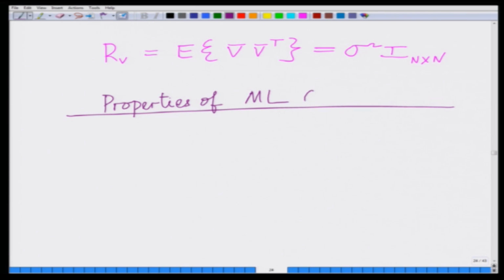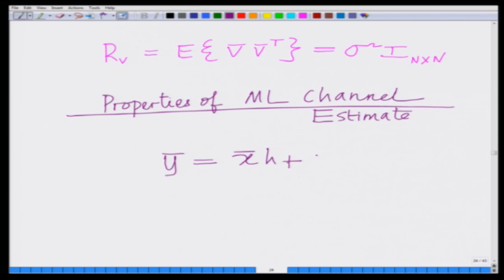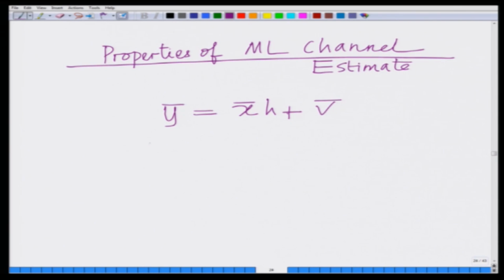We know that y bar equals x bar h plus v bar, and we know that h hat equals x bar transpose y bar divided by norm x bar square, that is the expression that we have seen for the maximum likelihood estimate.